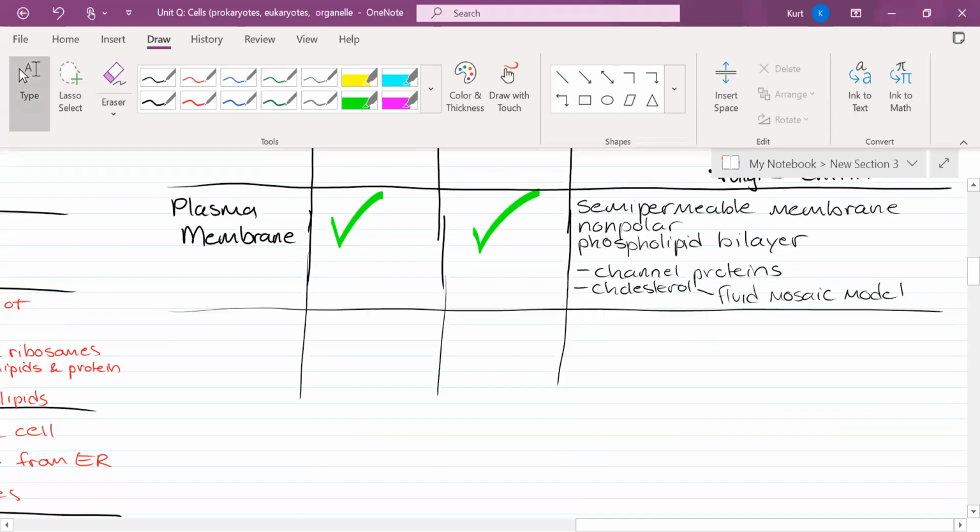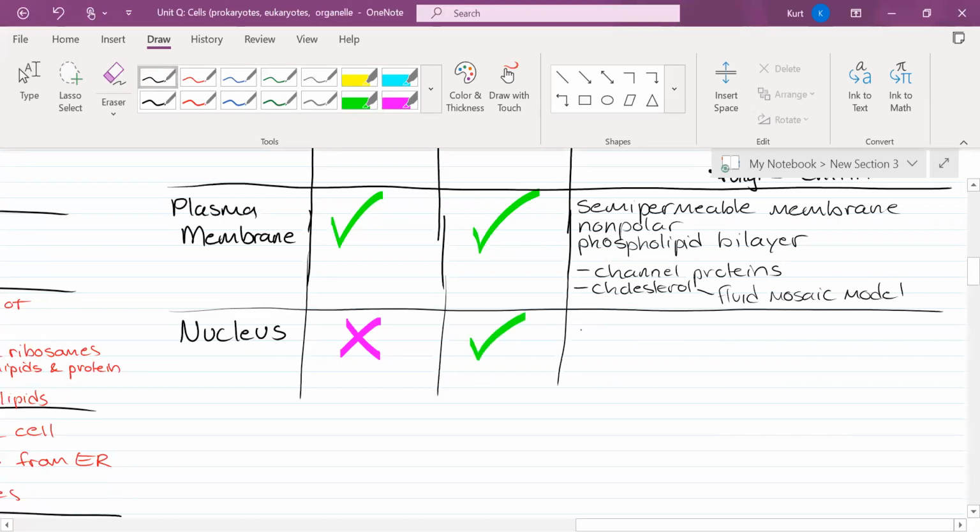Okay. Let's get to some other structures. Let's start from the inside and we'll work our way out now. Let's do the nucleus. Emma, do prokaryotes have a nucleus? No. They do not. Do eukaryotes? Yes, they do.